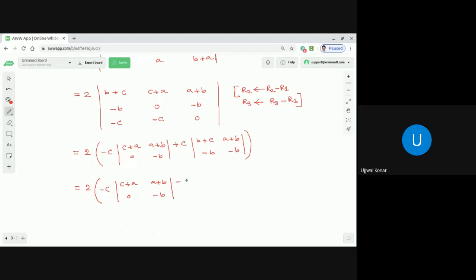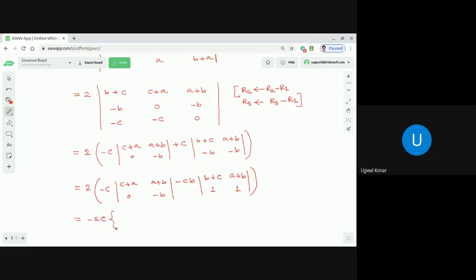So minus C into B, what we get? B plus C, A plus B, 1 and 1. Correct? Then, dear students, minus 2C I am taking common.